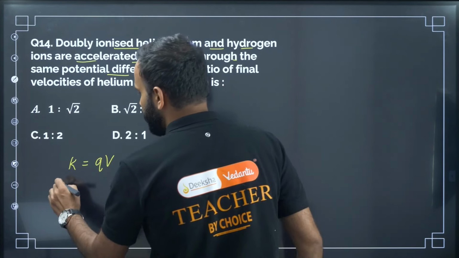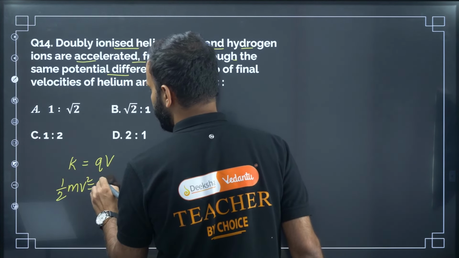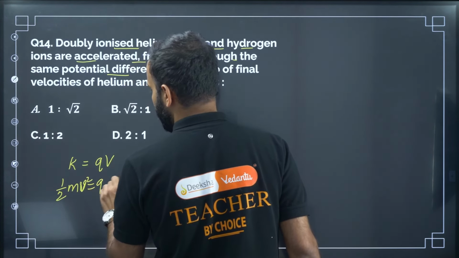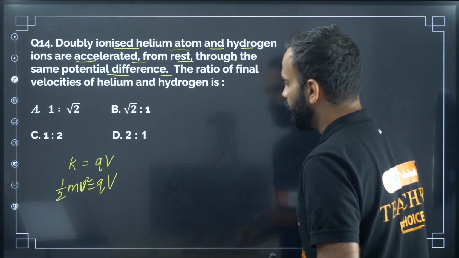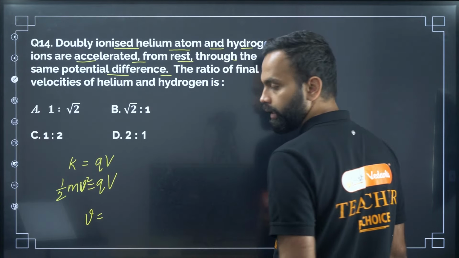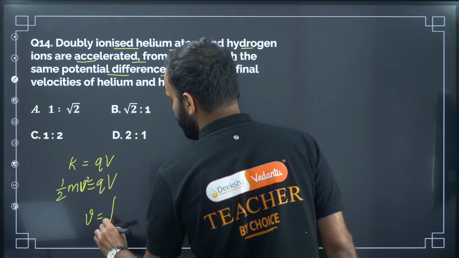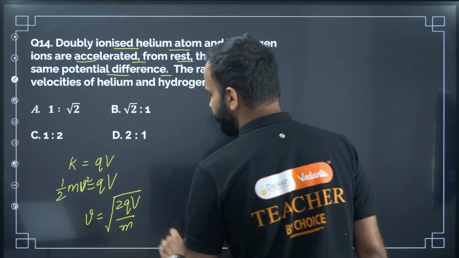So what is kinetic energy? Half mv square is equal to q into potential difference V. So now velocity v is equal to root of 2qV divided by m.